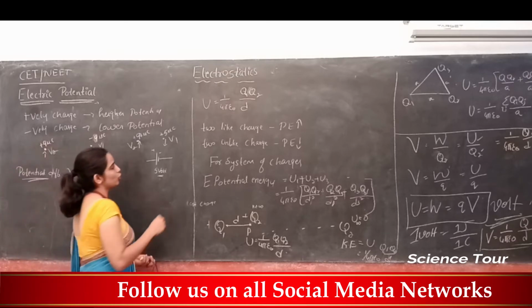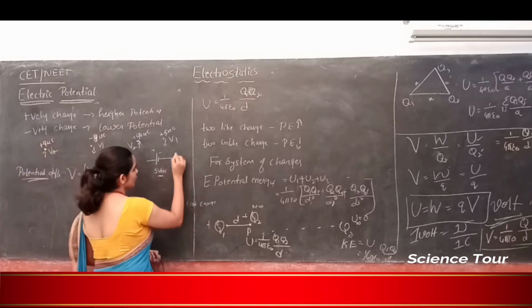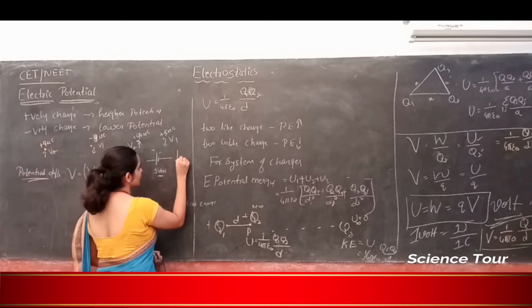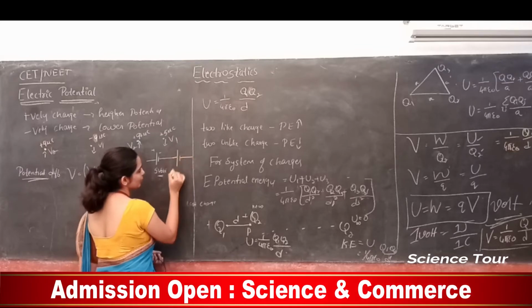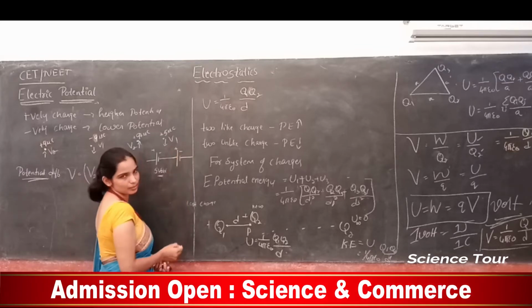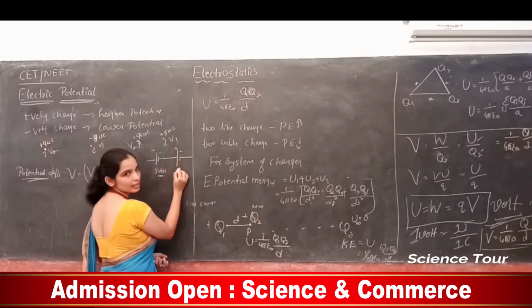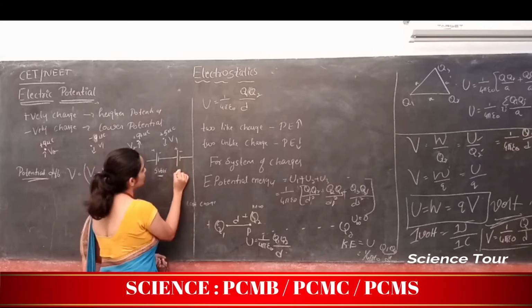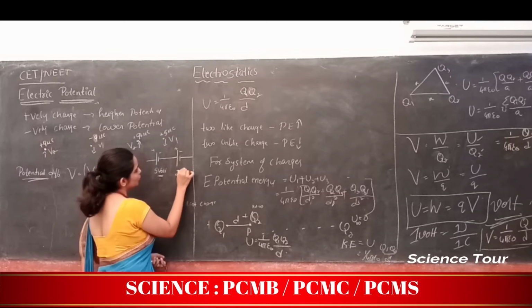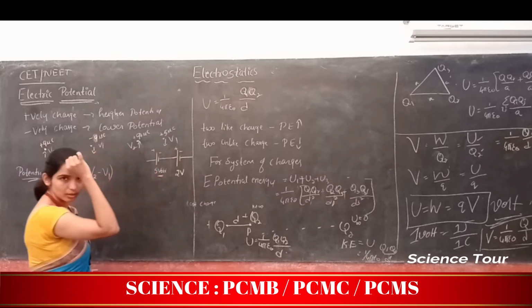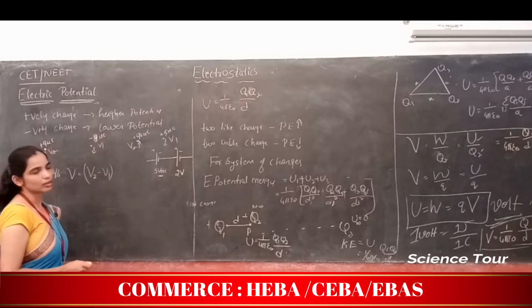There is one more battery. Its positive and negative terminals have a potential difference of some 2 volt.